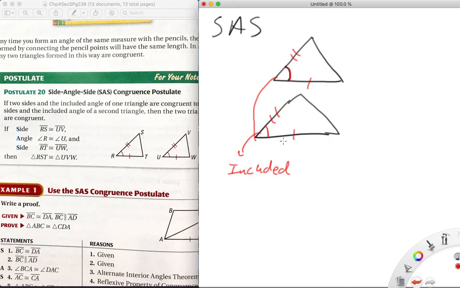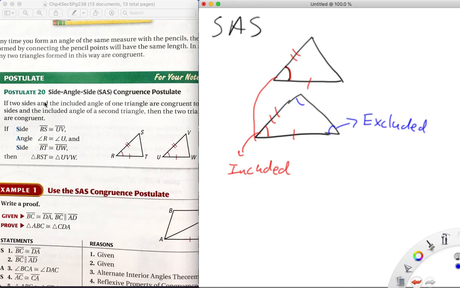So this would be the included angle because it's in between the two sides that are congruent to each other. While the other angles here would be excluded because they are not in between the two corresponding sides that are congruent. So this is congruent to that, that's congruent to that. This is the angle that's in between the two corresponding congruent sides, therefore they would be considered included angles.